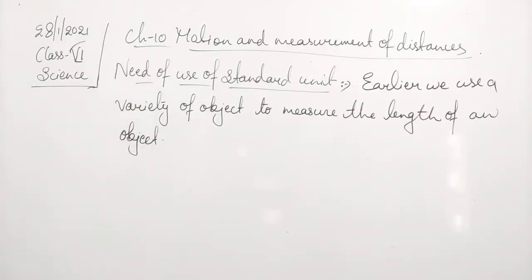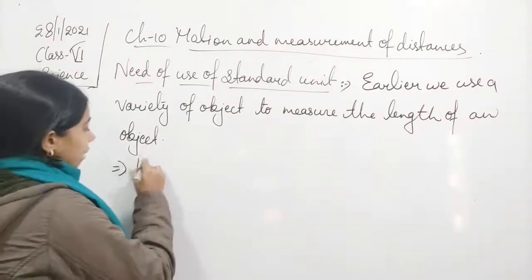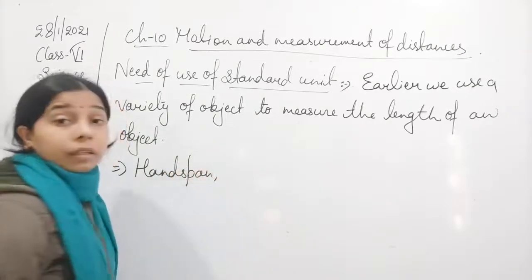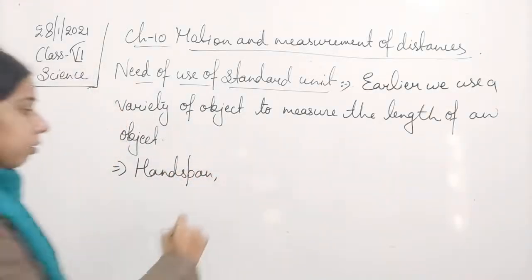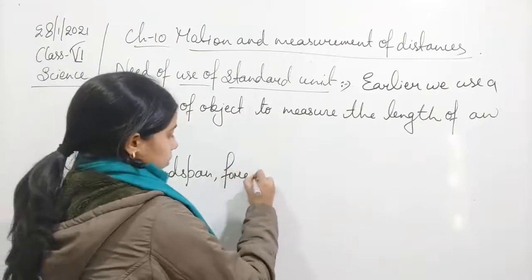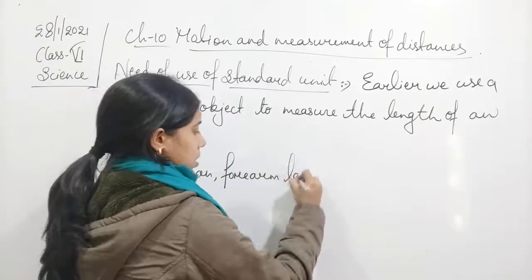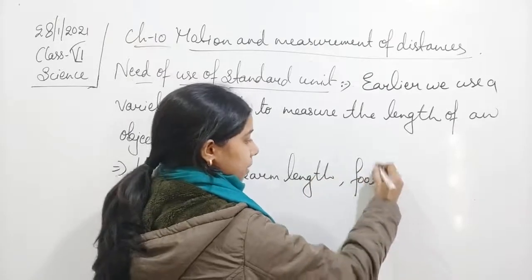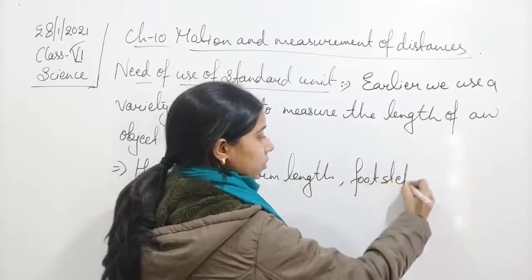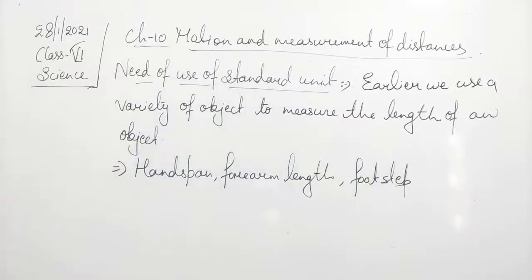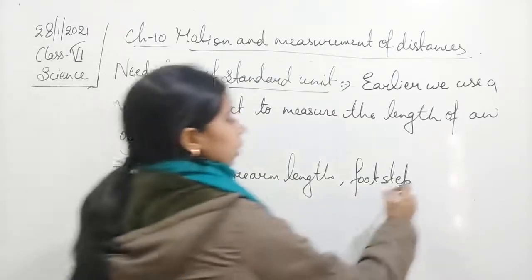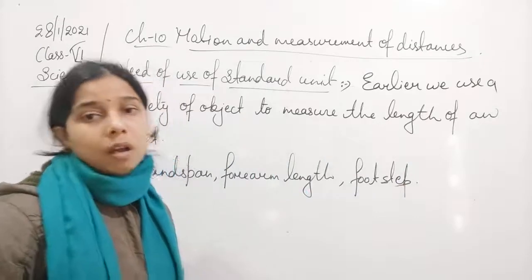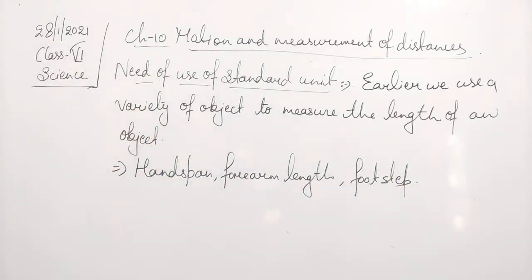So what are the things that we use, students? Hand span, then forearm length, leg span, or you can say foot step. These are used as a measuring unit of length.